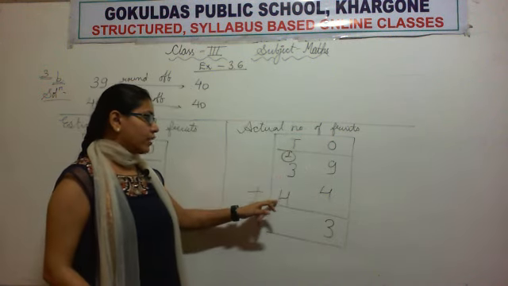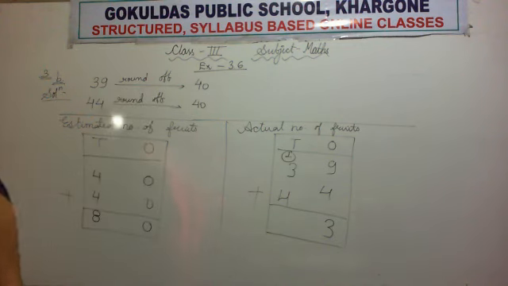Now add 1, 3 and 4. What did you get as the answer? 3 plus 1 is 4 and 4 plus 4 is 8.